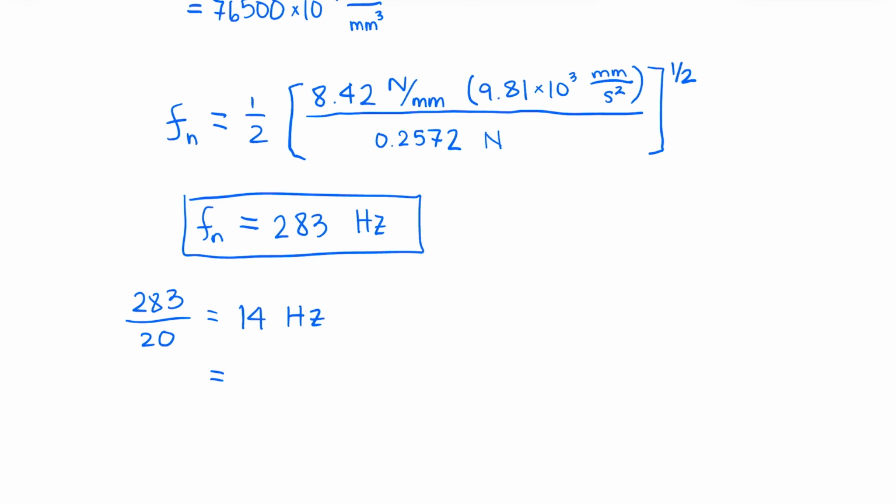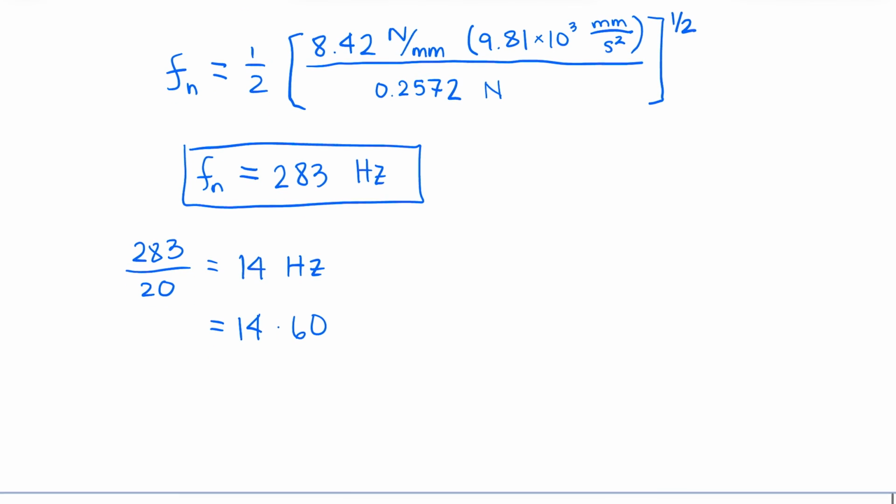And to further help this make some physical sense, we can convert this to RPMs just by multiplying it by 60, and we come up with 840 RPM.